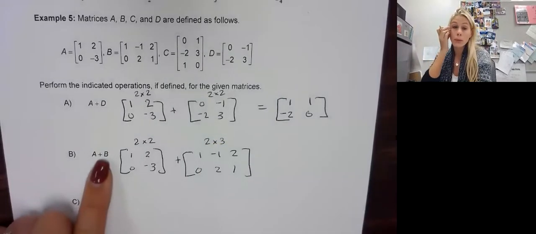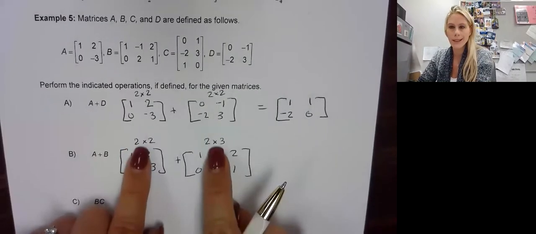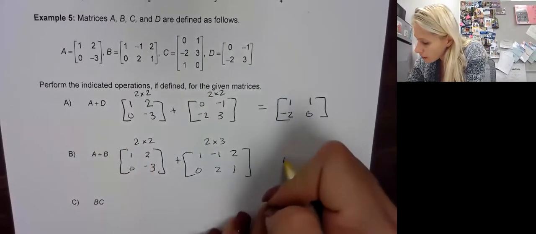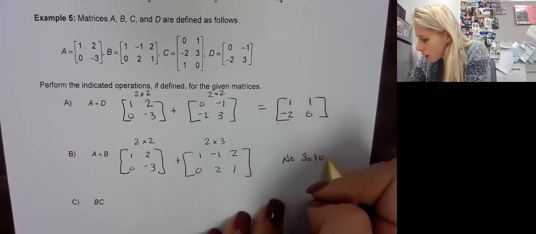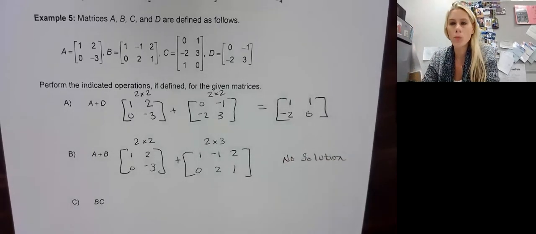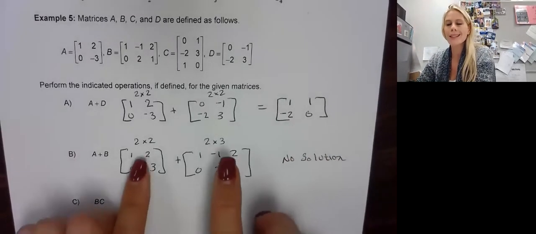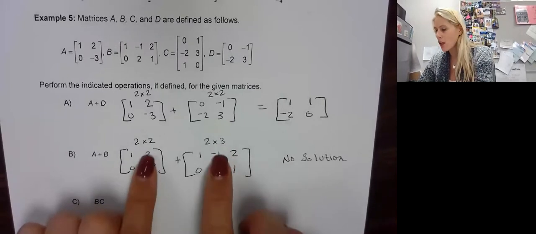Well, if this was multiplication, we could do it. But because it's addition and they have to be the same, we can't. So we're going to say no solution. Now, if by chance your question asks you to explain why, you can say, because in addition, our dimensions need to be the same, and they are not here.